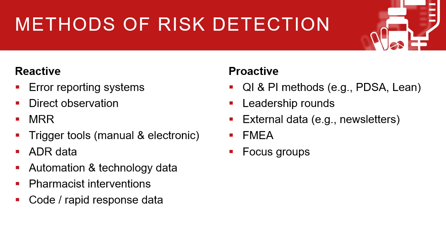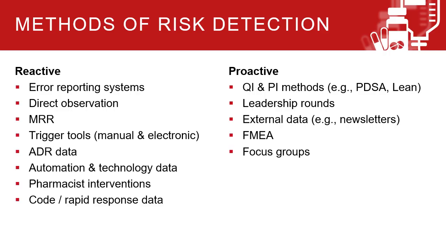Some examples of reactive risk identification methods include medication error reporting systems, which help us gather data on actual errors and near misses and evaluate trends and system vulnerabilities, as well as root cause analysis, a methodology used to understand root causes and contributing factors of significant safety events. Each of these methods is covered in further detail within the curriculum. During the next module, we'll explore in more detail some strategies for utilizing automation and technology data and trigger-based methodologies for risk identification.